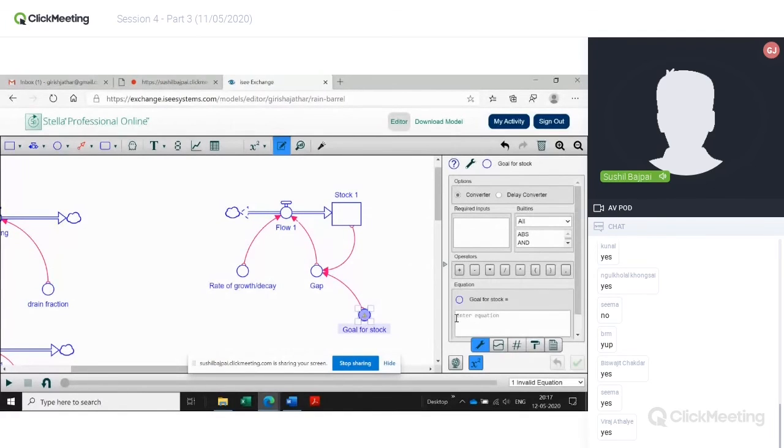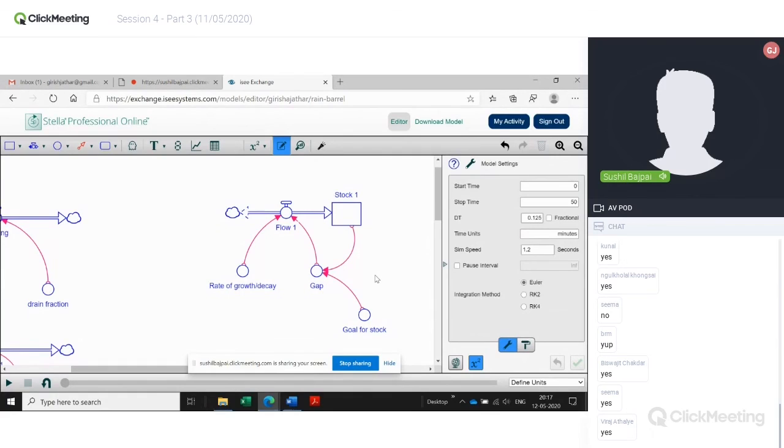Goal of the stock, any value you like. So this becomes the generic diagram for stock adjustment because it is goal for stock and that is how the stock is adjusted. Or for goal seeking behavior of anything, that is what we will do.